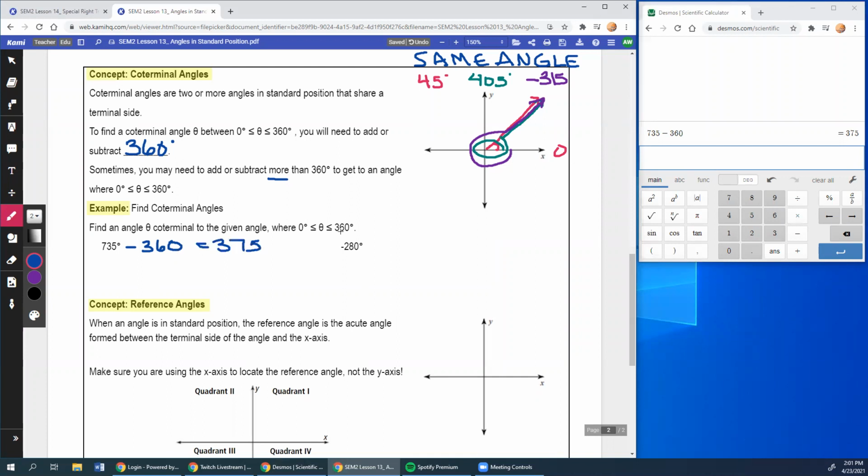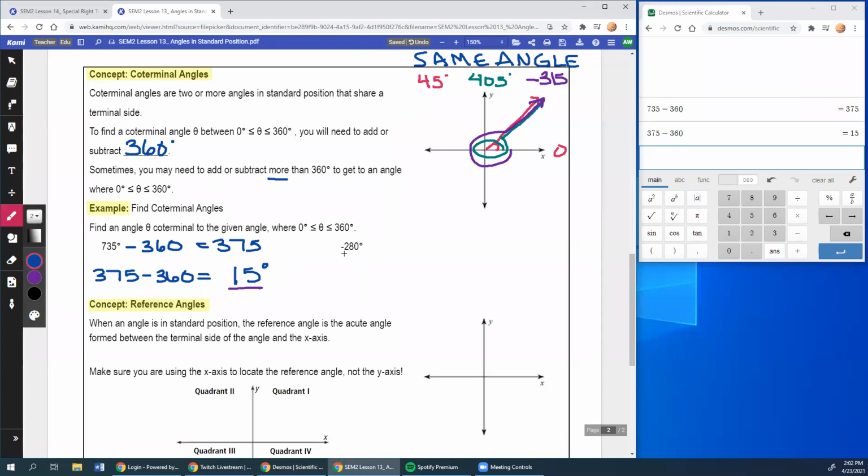That is still not less than 360. So we have to go another round of subtracting. So we're going to minus 375 minus 360 again. And there we go, 15 degrees. That is between 0 and 360. So this is where we would stop.